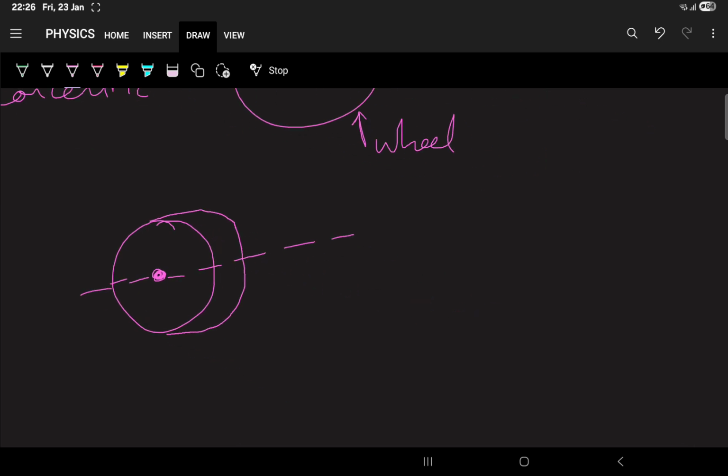So also does the Earth have its own axis of rotation. Let's assume this to be the axis of rotation of the Earth, and it's inclined at about 23 and a half degrees.